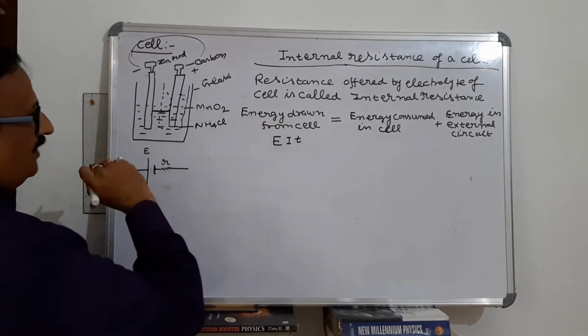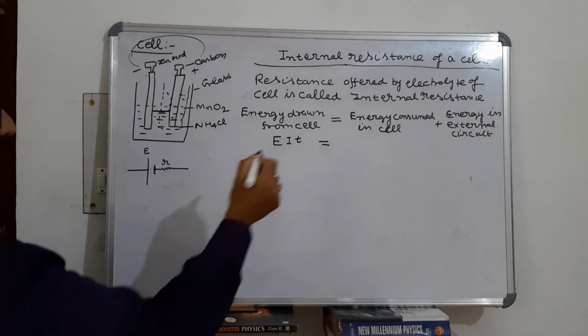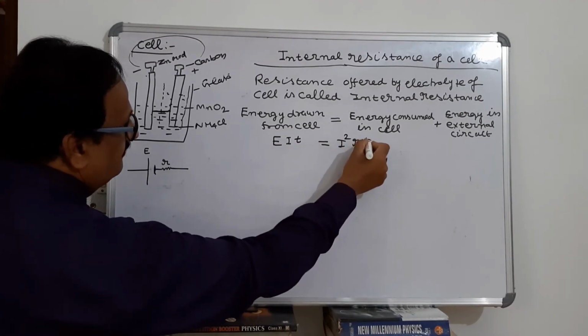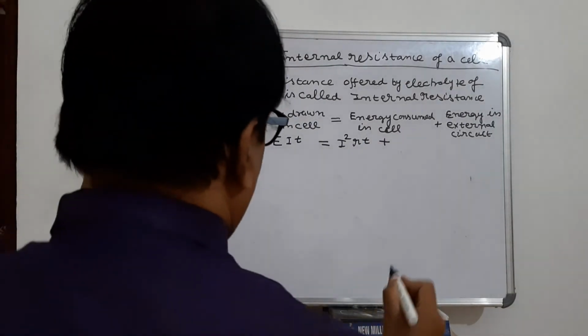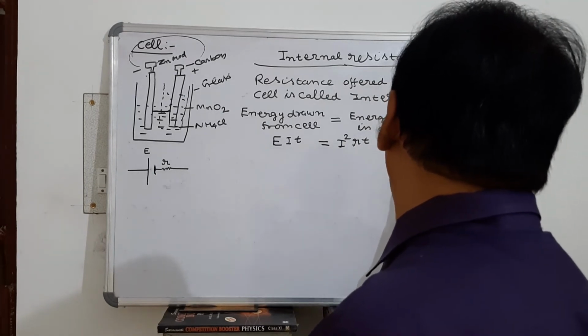I will use this formula. And the energy consumed in the cell is I square small r T. The energy consumed in the external circuit is I square capital R T.